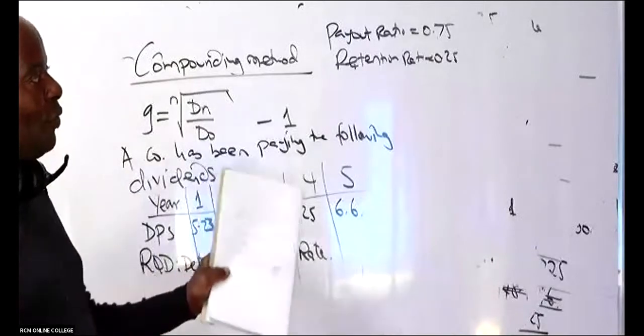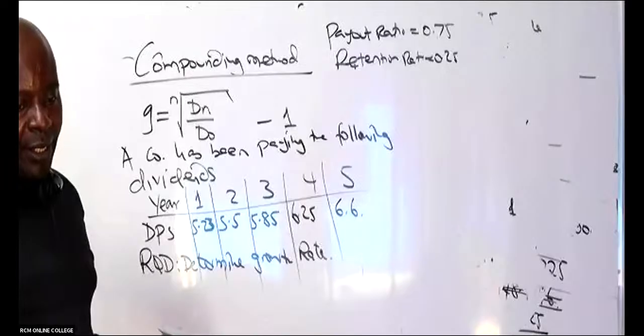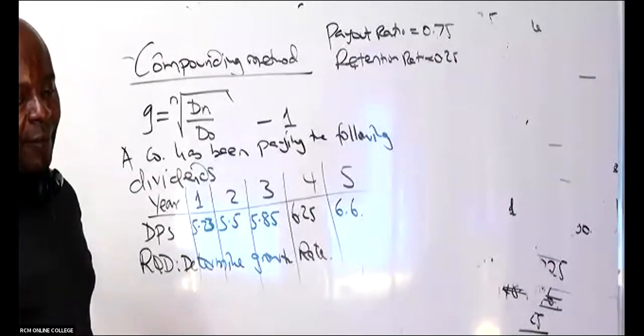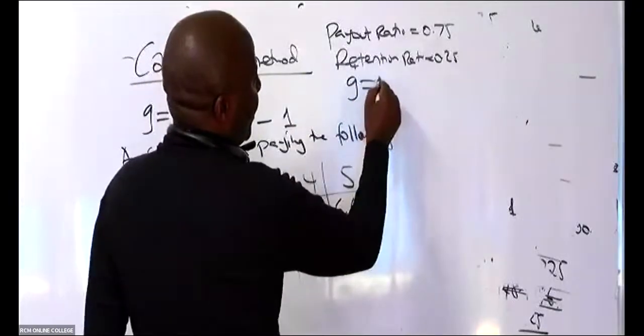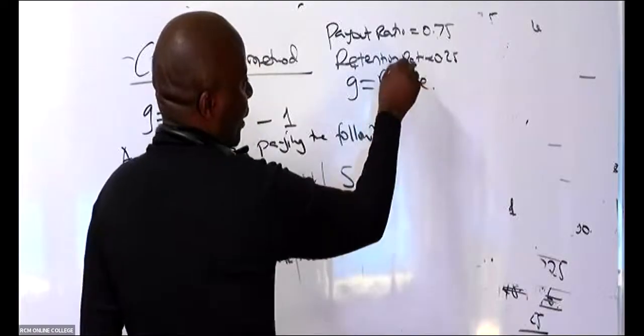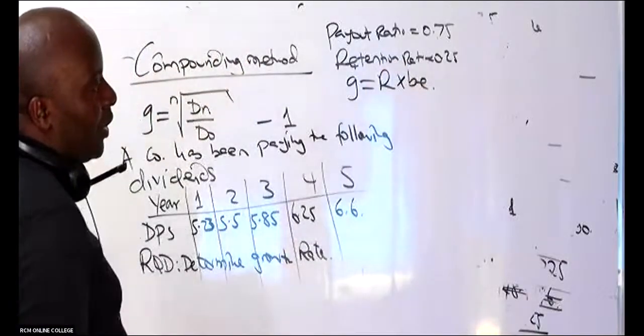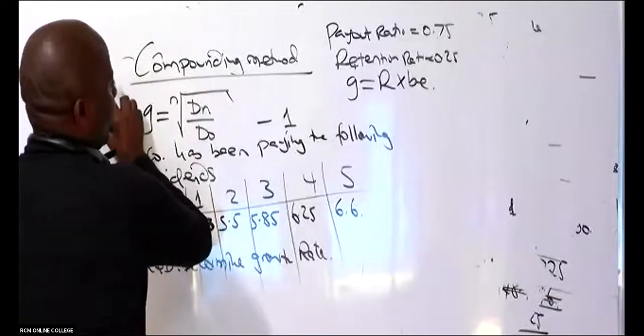If they are paying 75%, then we retain 25%, right? Then to get our G, you take this retention times the return on equity. So they arrived very fast. Then we come back to this, ladies and gentlemen.